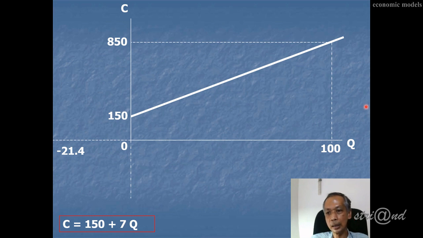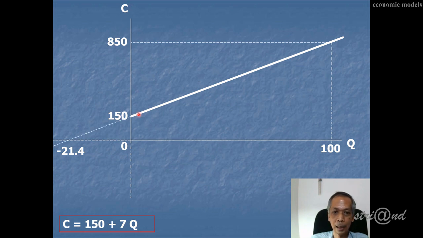However, to show a more comprehensive understanding about our curve, even though this is not so relevant in this example, I also show that when the total cost here is 0, the Q will be minus 150 divided by 7, which is minus 21.4. So this is the quantity when cost is 0.